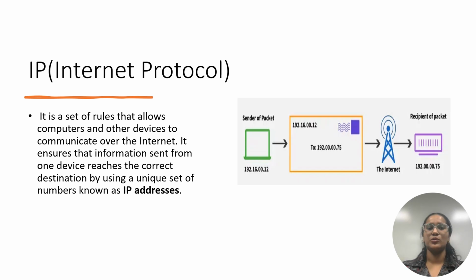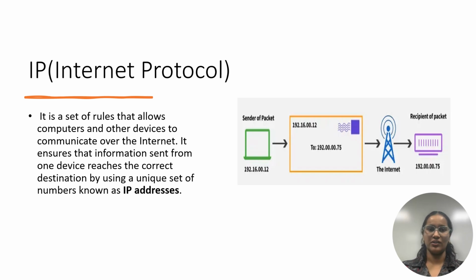IPv4 is the most commonly used version with 32-bit addresses. However, due to the growing number of devices, we are running out of available IPv4 addresses. So now there is a newer version, IPv6, which has 128-bit addresses, which significantly increases the number of possible addresses.